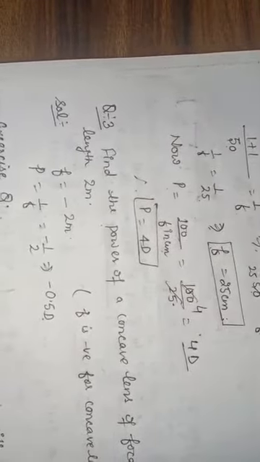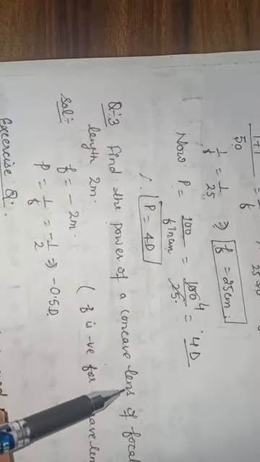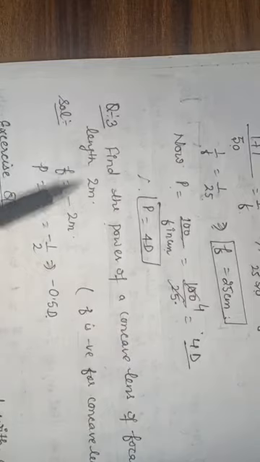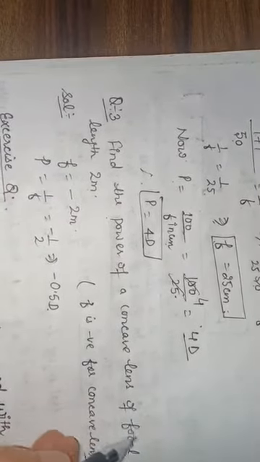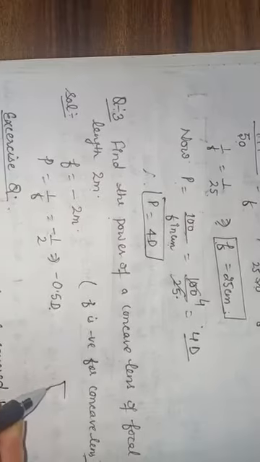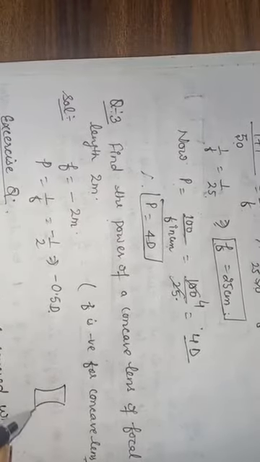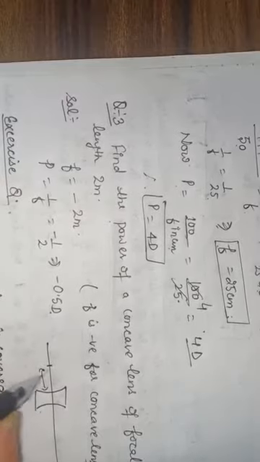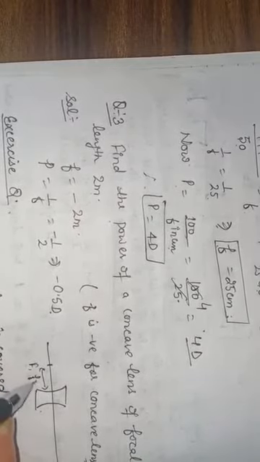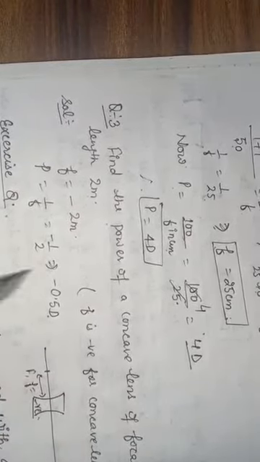Now question number 3, find the power of a concave lens of focal length 2 meter. So you draw a diagram for concave lens and recall that its focal length is on this side, so its focal length is negative.